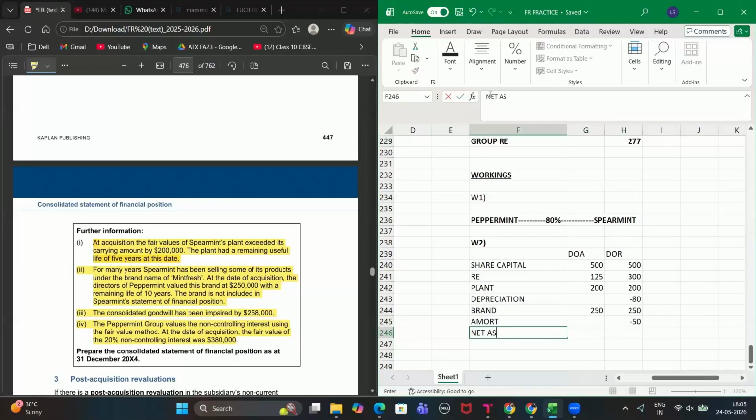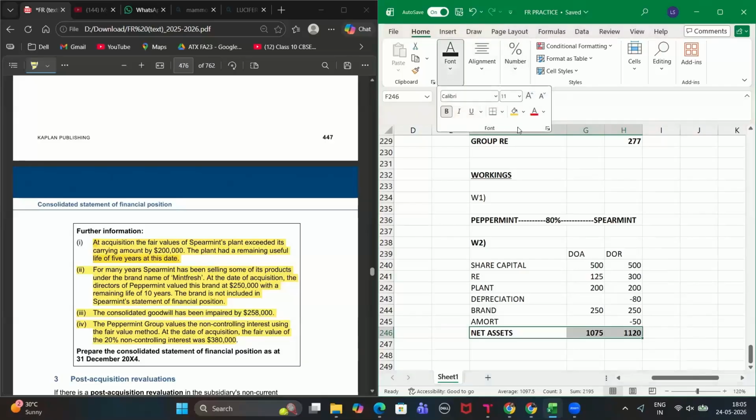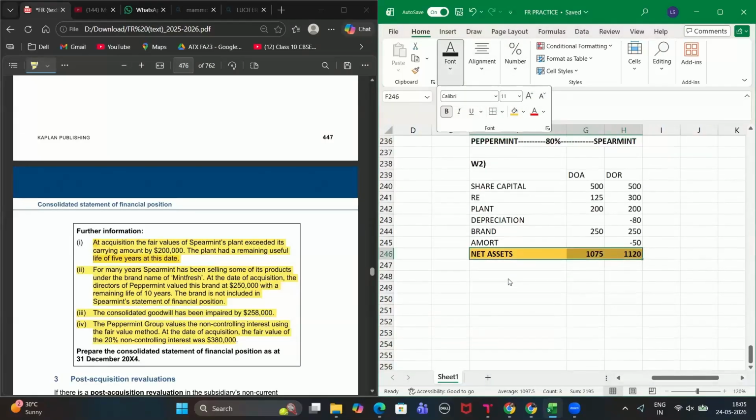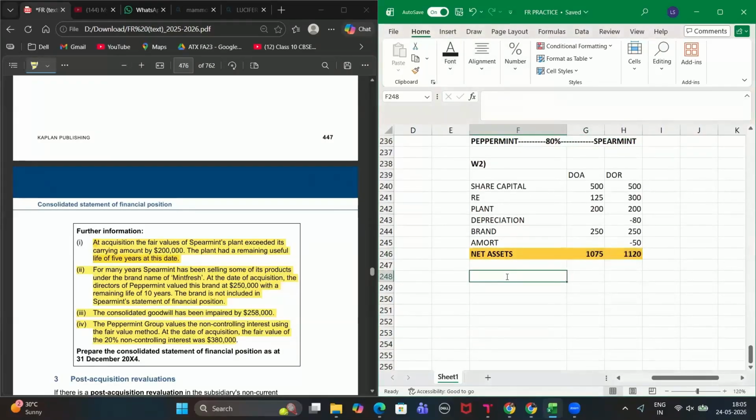So now tell me, what is the net assets here? What else do we have here? What is the difference? So tell me, what is the profit post acquisition?